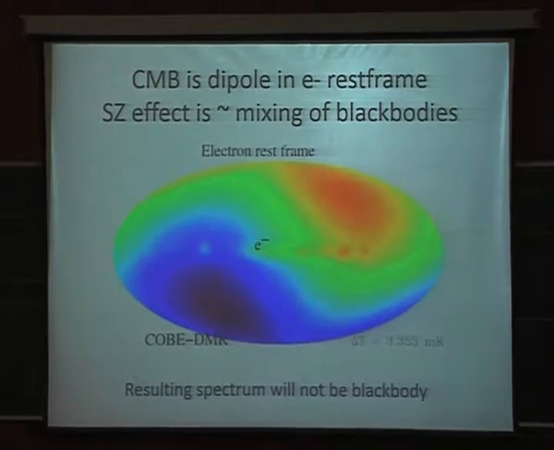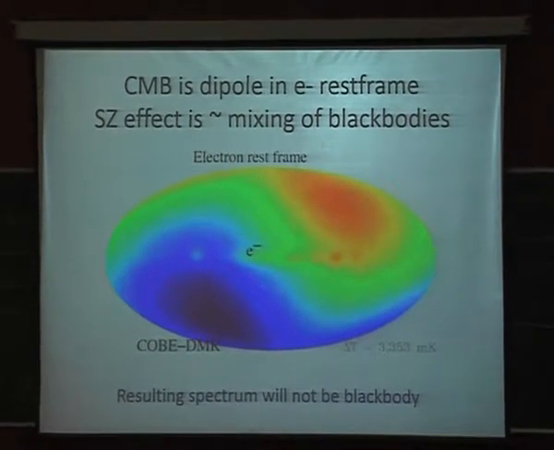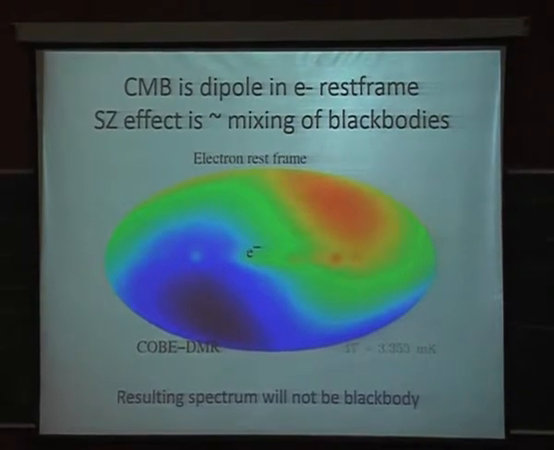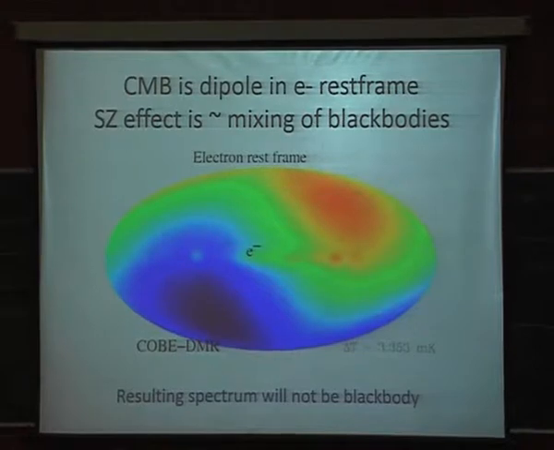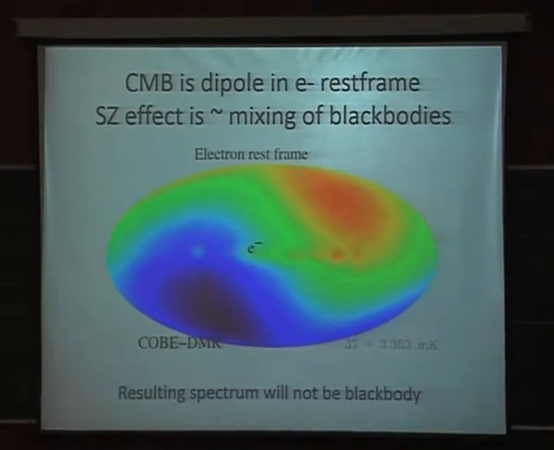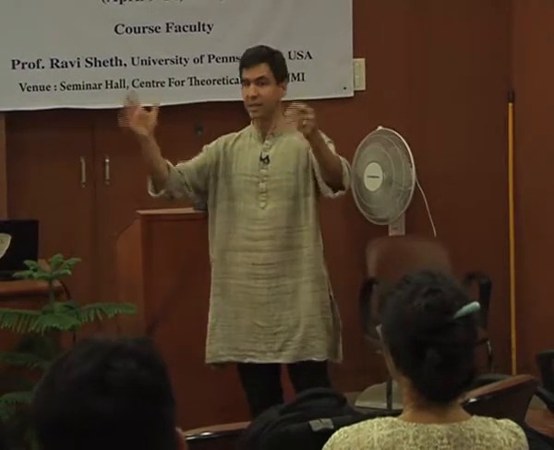instead of thinking of what you see, think what each electron there saw. Each electron there is seeing a CMB, seeing CMB photons arriving towards it, except the electron is moving. Because it's in a hot cluster, the cluster has pressure, so it's moving quite fast.